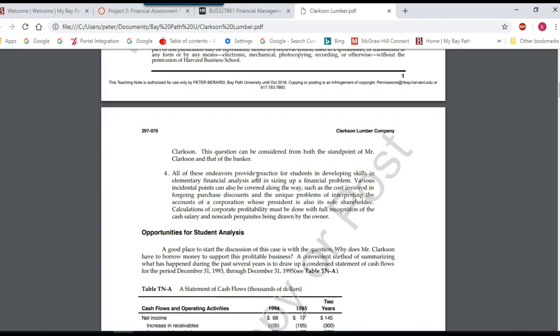All of these endeavors provide practice for students in developing skills in elementary financial analysis and in sizing up financial problems.